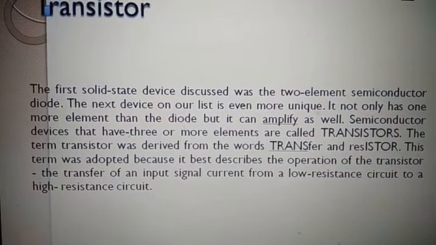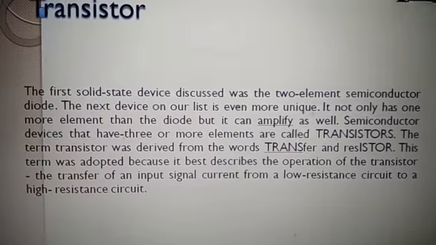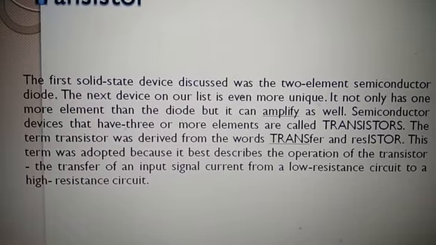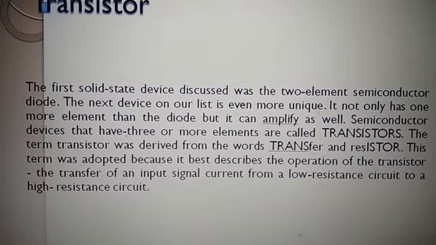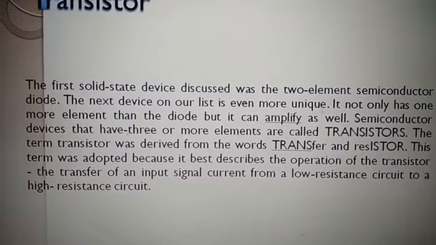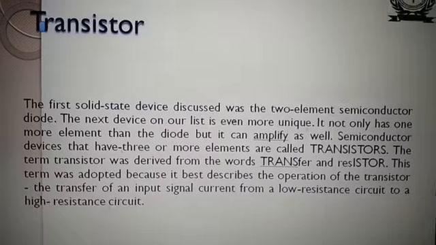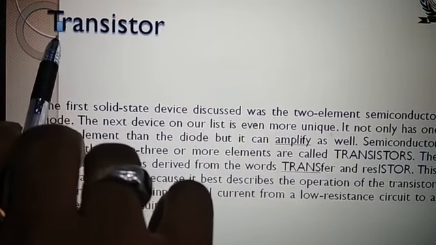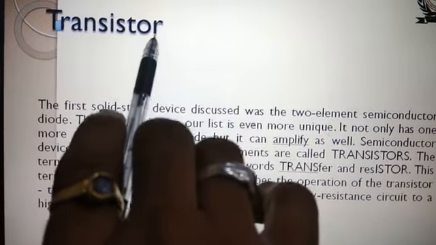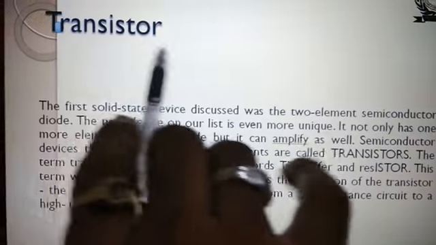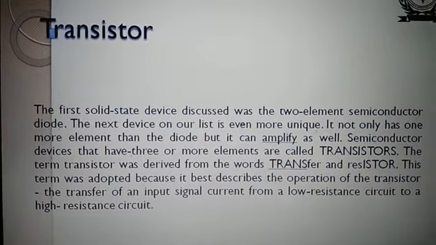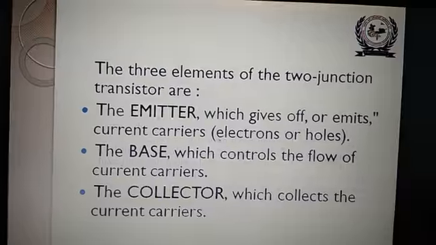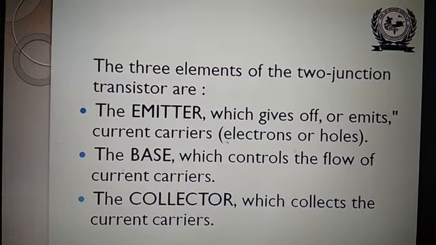The term was adopted because it best describes the operation of the transistor: the transfer of an input signal current from a low resistance circuit to a high resistance circuit. Transfer of current from input through low resistance to high resistance, that is through a resistor, is called a transistor. So this is the basic word derived from this statement.